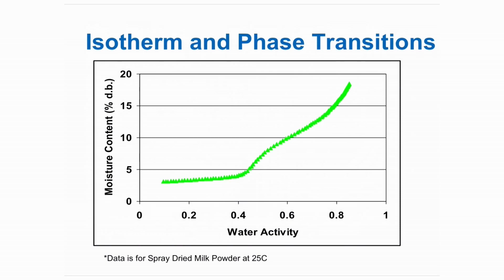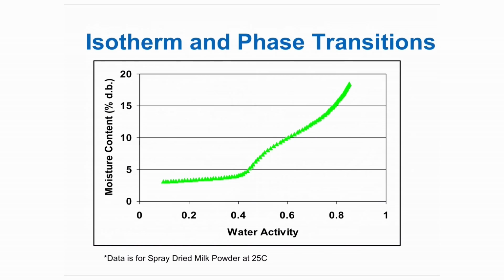So we have here a figure that shows what we call a dynamic isotherm. This is a water activity versus moisture absorption curve that's been generated using a dynamic method that provides these very high data resolution moisture absorption curves, as opposed to what many people are familiar with, which we call the DVS or static method that originated from the traditional desiccator method, where you hold at a given humidity level and then track the change.